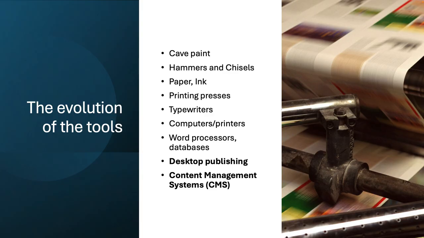All of that's sort of the backdrop for where we are today, which is still some desktop publishing, but we're gradually moving into content management systems. And that is what is going to help us with this tricky, complicated localization and translation process.